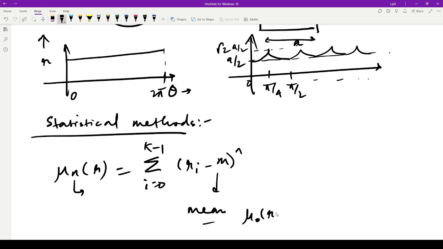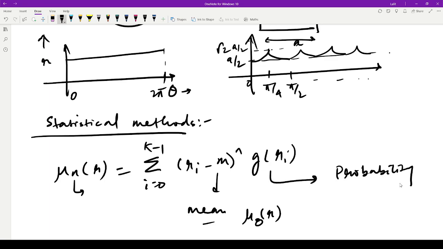You can write it like this: mu zero of r. And this is your probability mass function. If it's continuous, then you use the probability density function. But since we are in the discrete domain, we are using the mass function here.